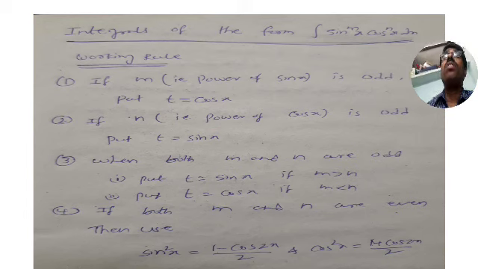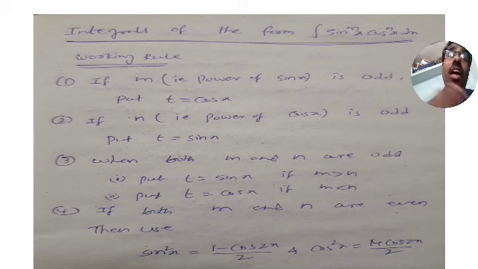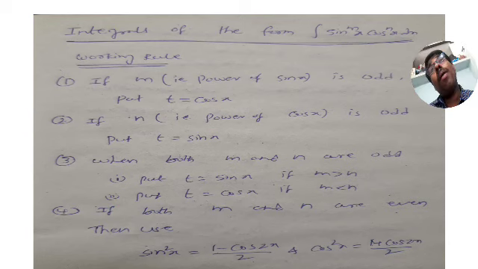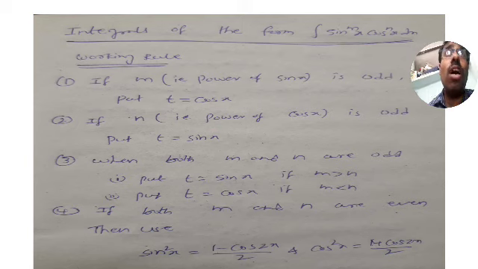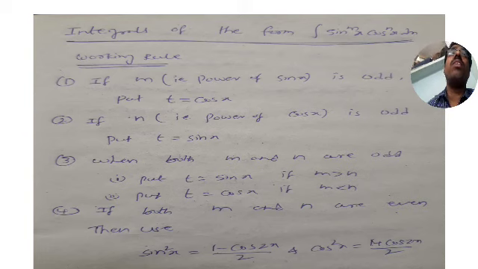If sin power, that is m, is an odd number, then put t equals cos x, and if cos power, that is n, is an odd number, then put t equals sin x. That's clear. And if both m and n are odd numbers, just like 1, 3, 5, 7, 9, 11, 13, 15, 17, 19, 21, 23, like that.